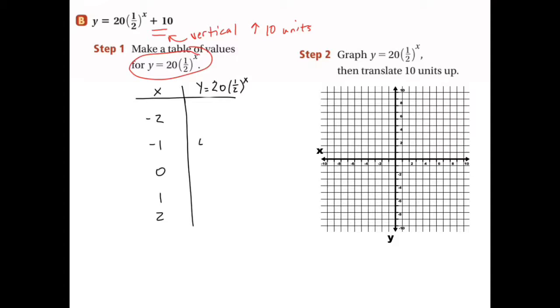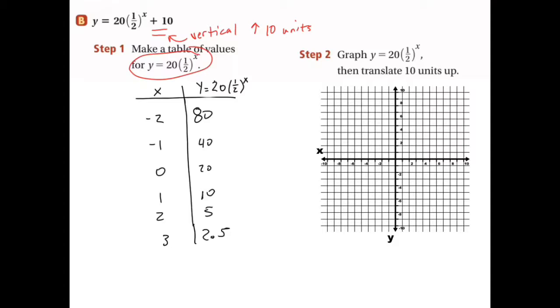So we've got 40, 20, 10, 5, and at 3 it is 2.5. At negative 2, this should be 80.